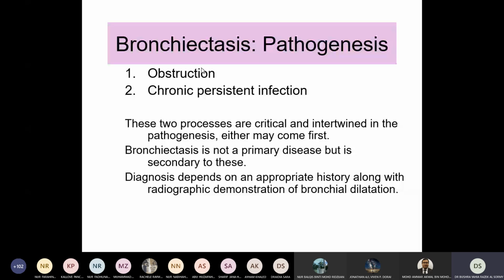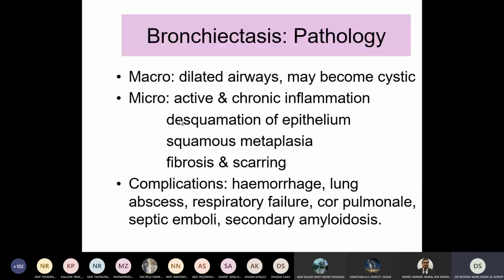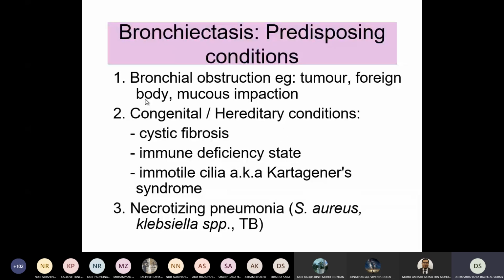Also, bronchiectasis is not a primary disease, we said, but secondary to other causes. Remember the previous slide? We said it may be due to tumor, foreign body, or mucus impaction, or due to other disease, congenital or necrotizing pneumonia. Okay.